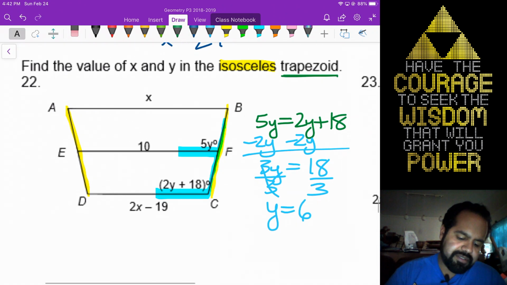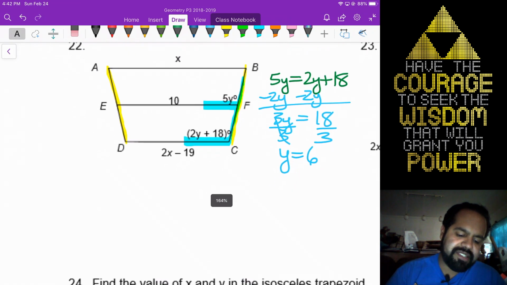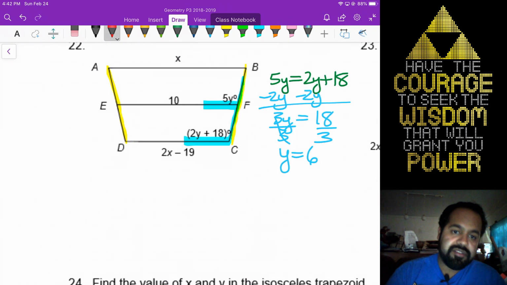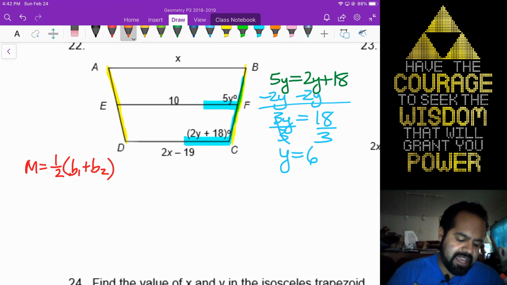For x, I'm going to be working with the mid-segment formula. So writing it down, the mid-segment equals 1/2 base 1 plus base 2. Now my mid-segment is 10. So 10 equals 1/2 my base 1, which is x, my base 2, which is 2x, minus 19.